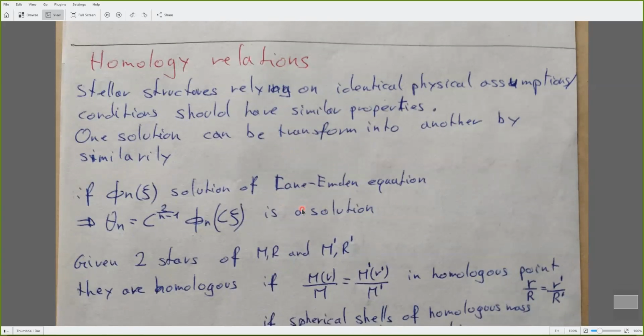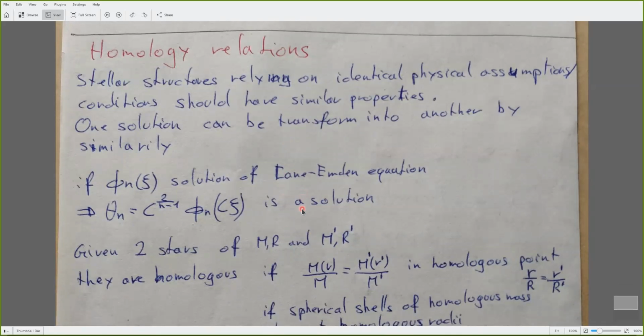Another thing that is used quite a lot is the homology relation in modeling. This is a way to essentially simplify the work, to make it quicker. Stellar structures relying on identical physical assumptions or conditions. You have different stars, but the equations here are the same.